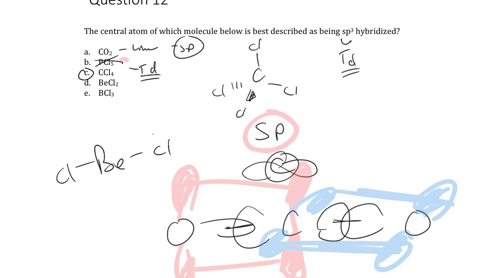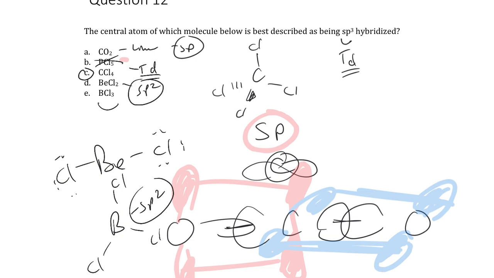So BeCl2 has single bonds and no electron pairs on beryllium. And BCl3, boron trichloride, is trigonal planar, so this is going to be sp2. So sp2 hybridization is the hybridization of trigonal planar molecules. BeCl2 is going to be sp hybridized like CO2 is. So tetrahedral sp3 for CCl4.